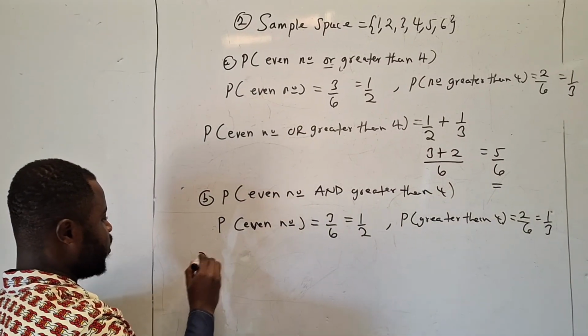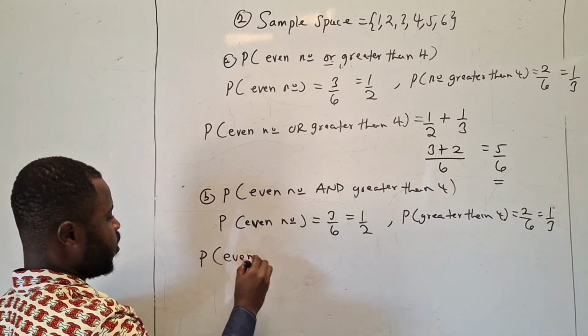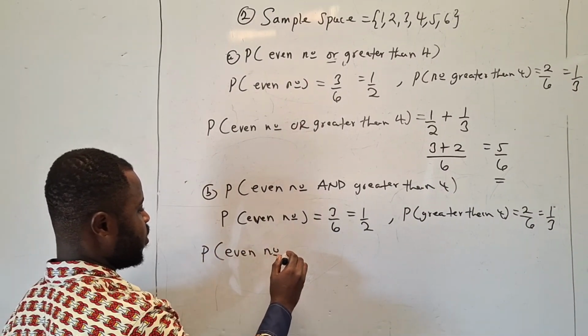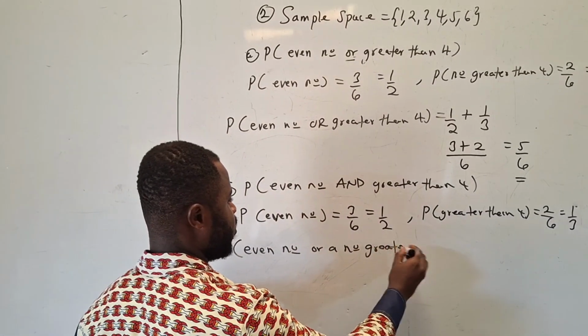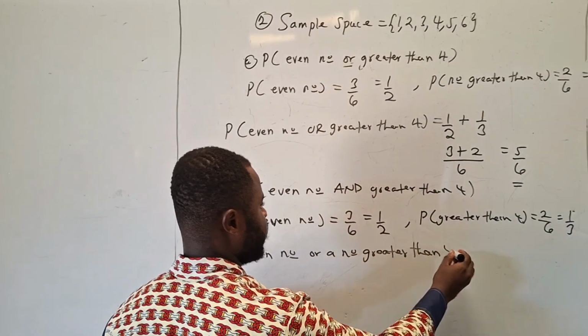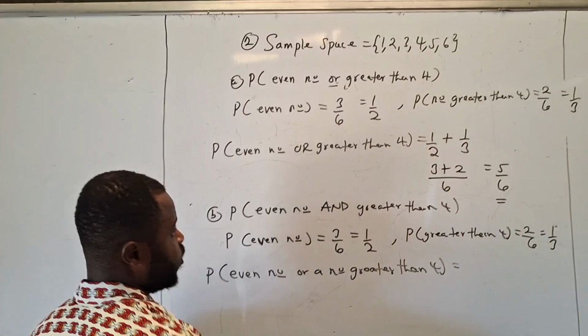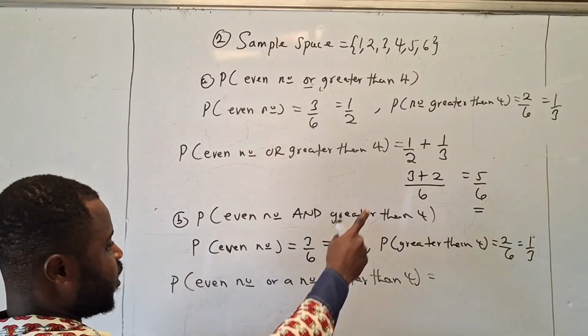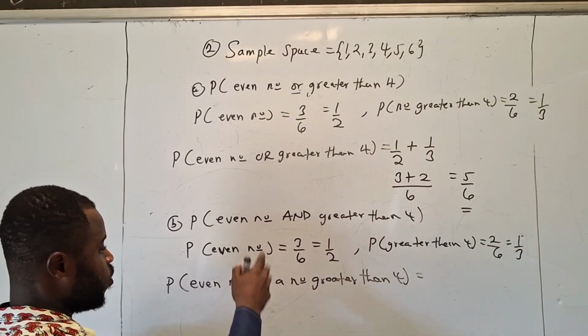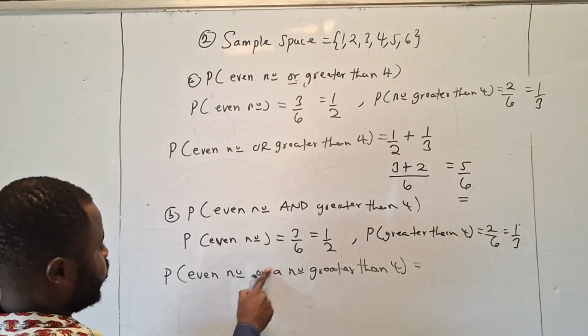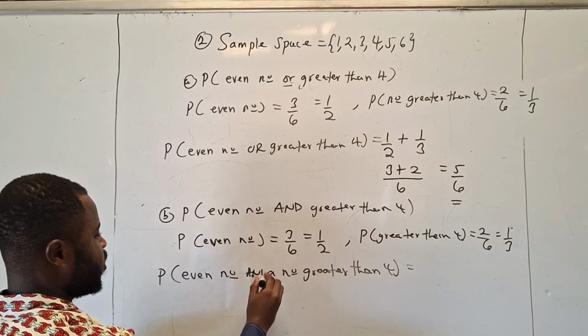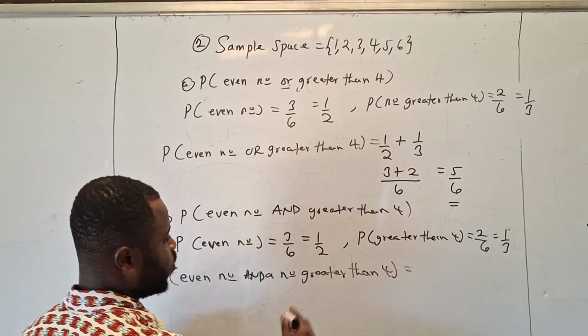So now probability of even number and a number greater than 4. Or we added. So, and, sorry, this one is and. So, and what do we do? We multiply.